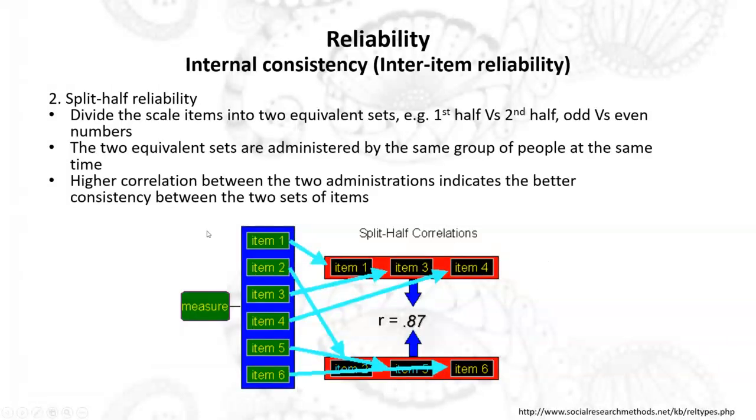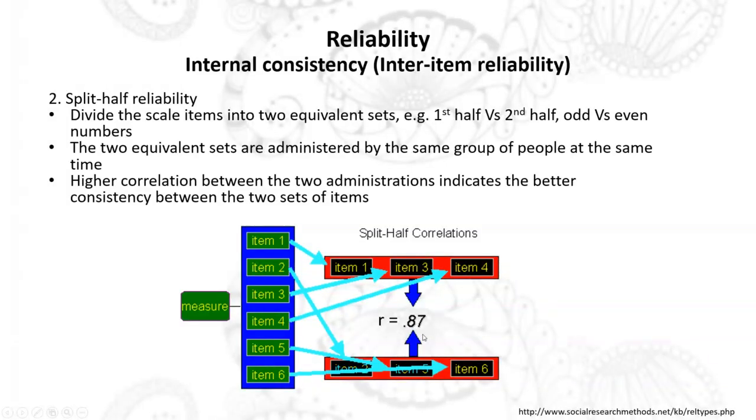The first set has 3 items: item 1, 3, 4, and then another set of items 2, 5, 6, and then a group of participants complete these 2 sets of questions at the same time, and then we do a comparison.